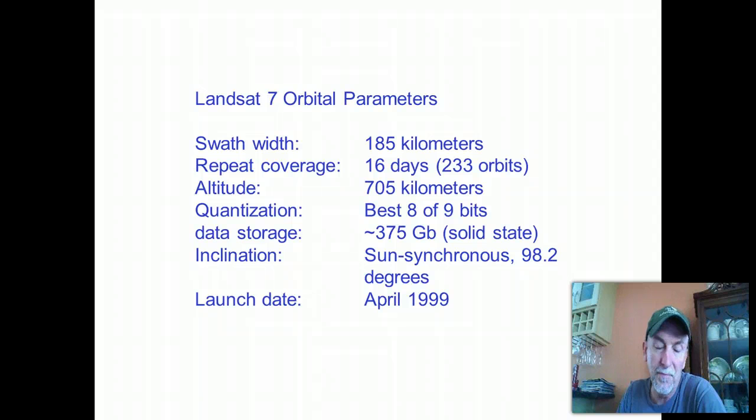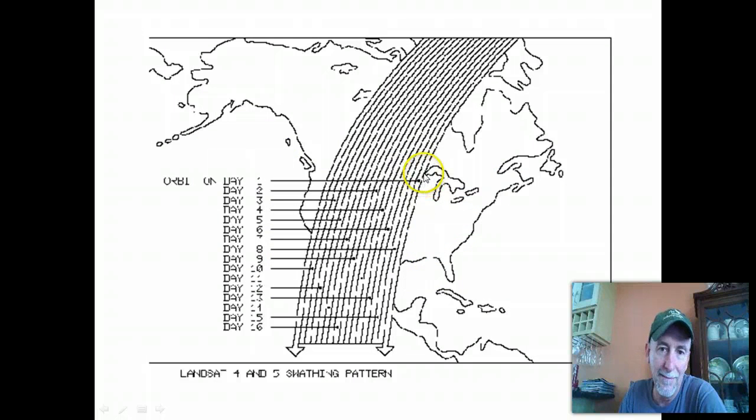And this is something that we come to accept, but this is one of those fundamentals that makes this system work in the way that it does work. So in the orbital pattern, you can see you have these north to south tracks.